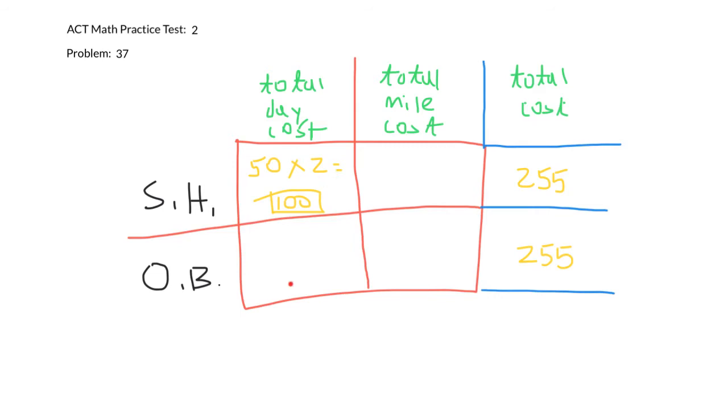And while we're at it, let's talk about the total day cost for the Ocean Blue Company. According to the problem, the Ocean Blue car rental charges $60 per day times 2 days, and of course that will be $120. So that is the total day cost for the Ocean Blue Company, right? What about the total mile cost for the Seahorse Company? Well, we don't know how many miles.